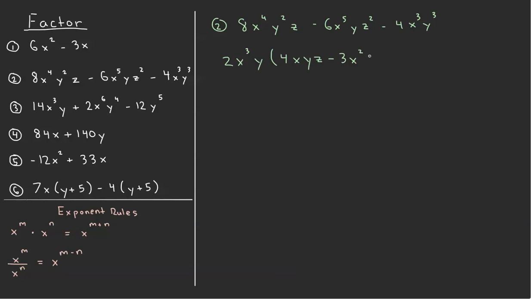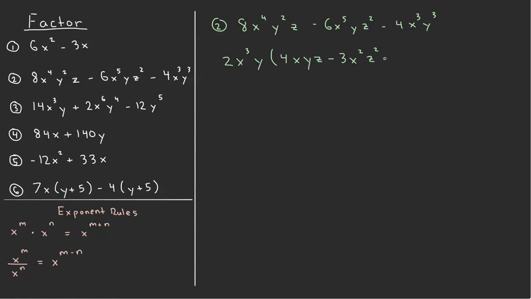Well, just a 1, and if it's just a 1, I don't really need to write it in there. And what times z squared will give me z squared? Well, we have a z squared here, so we're going to need one right here. So 2x cubed y times this 3x squared z squared will give me 6x to the 5th y z squared.